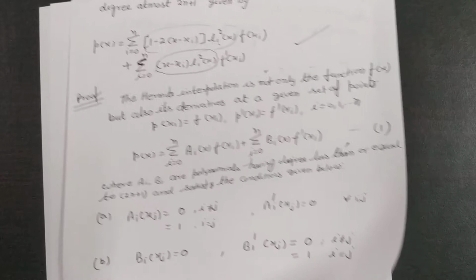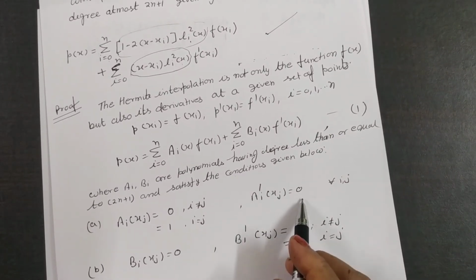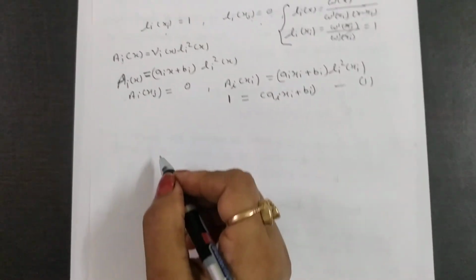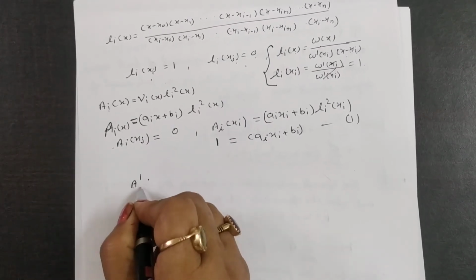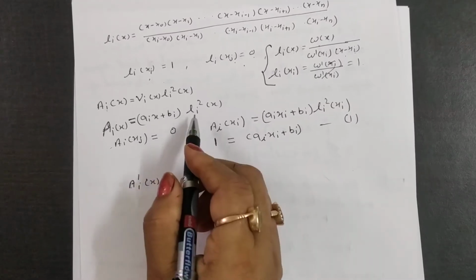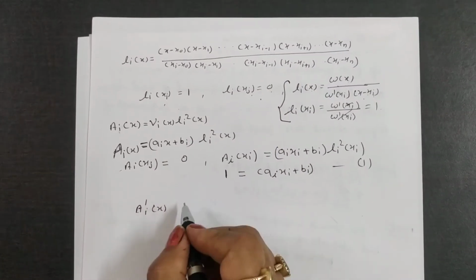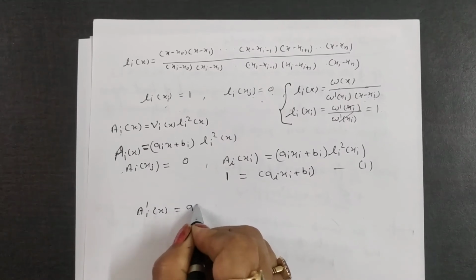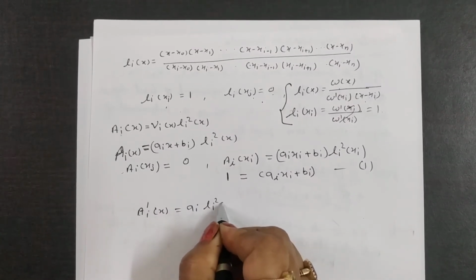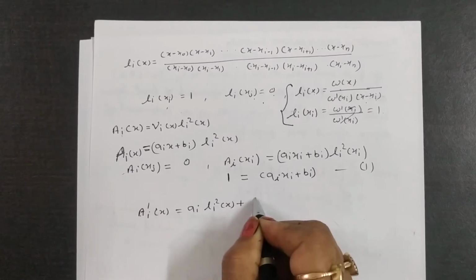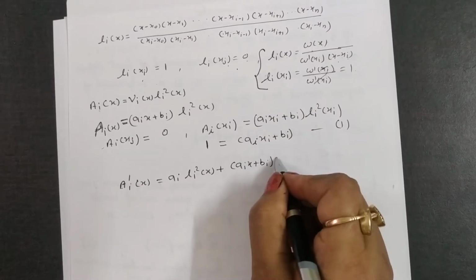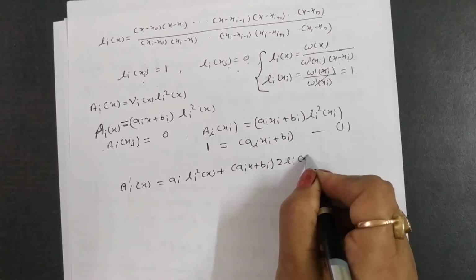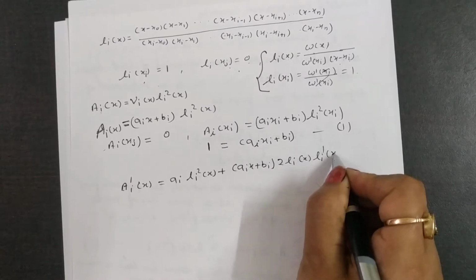Now we take the derivative, because the next condition is that the derivative ai dash is equal to 0. So you have to take the derivative of this: ai dash(x) is equal to ai times Li square(x) plus (ai x plus bi) times the derivative of this, which is 2 times Li(x) times Li dash(x).